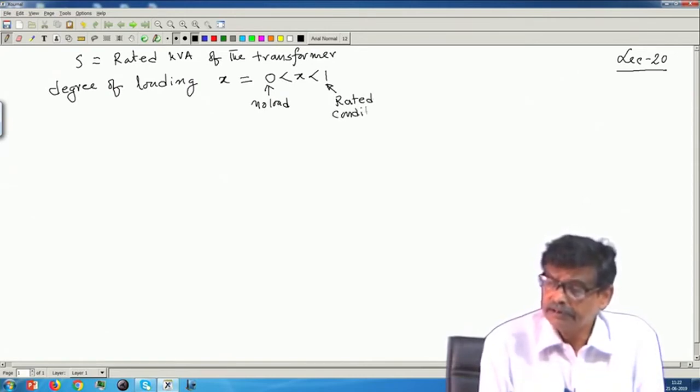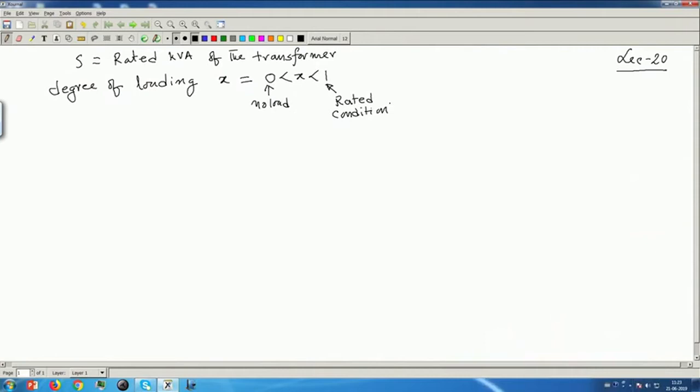What is rated condition? Rated voltage applied and the windings carrying rated current.